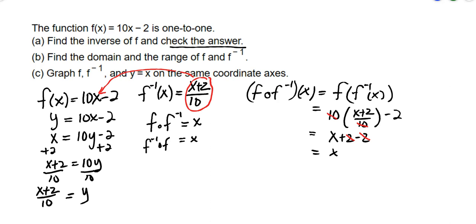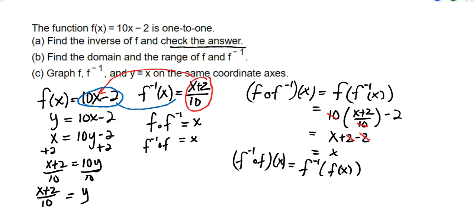So that's good. We need to calculate f inverse composed with f. This is substituting f in for f inverse. So we're taking f and substituting it into the x in f inverse.